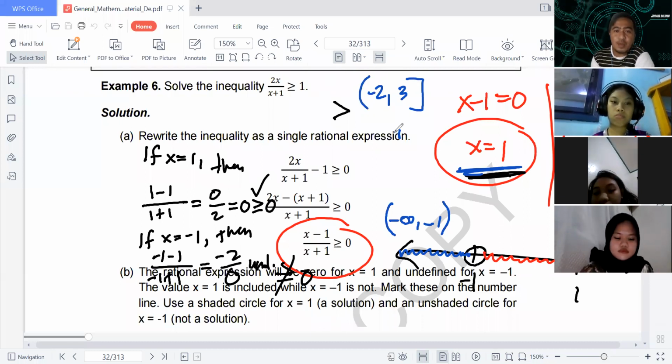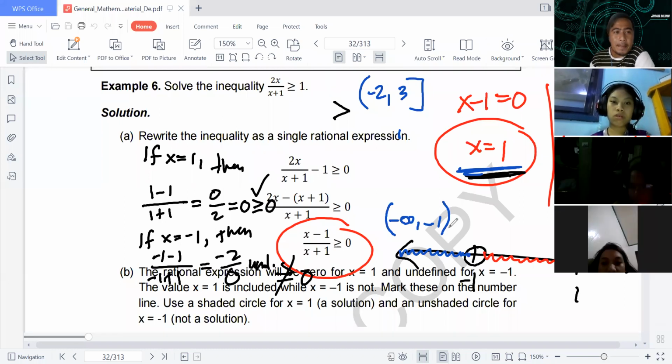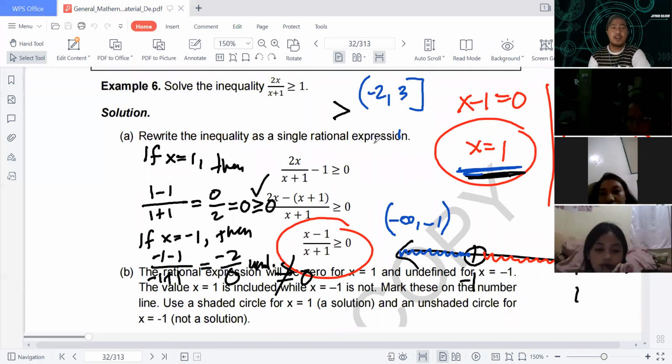How will you read this one? Half open interval, negative 2 to positive 3. Many of you are reading it wrong. It should be half closed for the last. Half closed interval from negative 2 to 3.